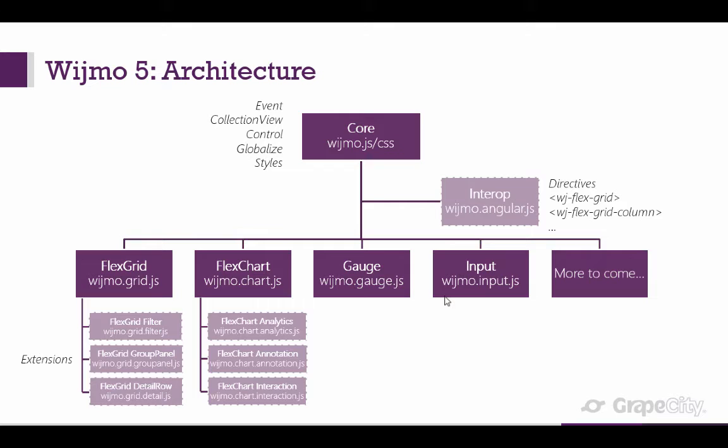The one that really needs to be called out there is CollectionView. CollectionView is something that Microsoft released in the XAML space, so Silverlight, WPF, and it's a data management API based upon the idea of observability. So you can get notified when anything changes, either a collection or a single item. We thought that was a missing part in JavaScript, and we decided to implement that ourselves.